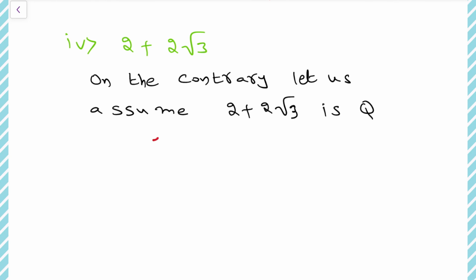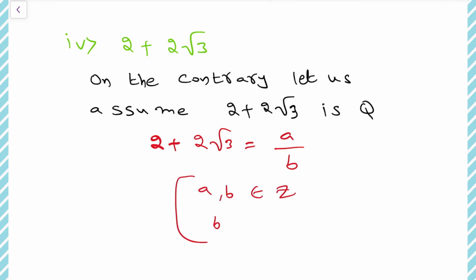So 2 plus 2 root 3 equals a by b. The conditions are a, b belong to integers, b not equal to 0, a, b are co-primes.